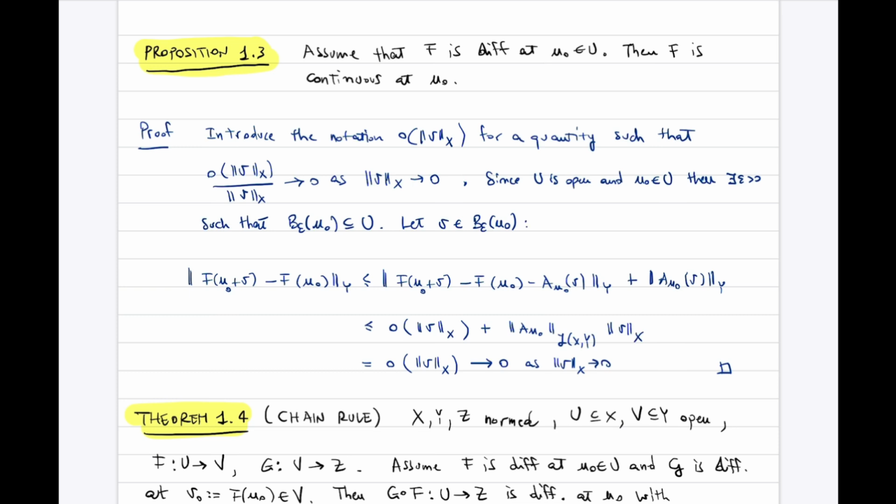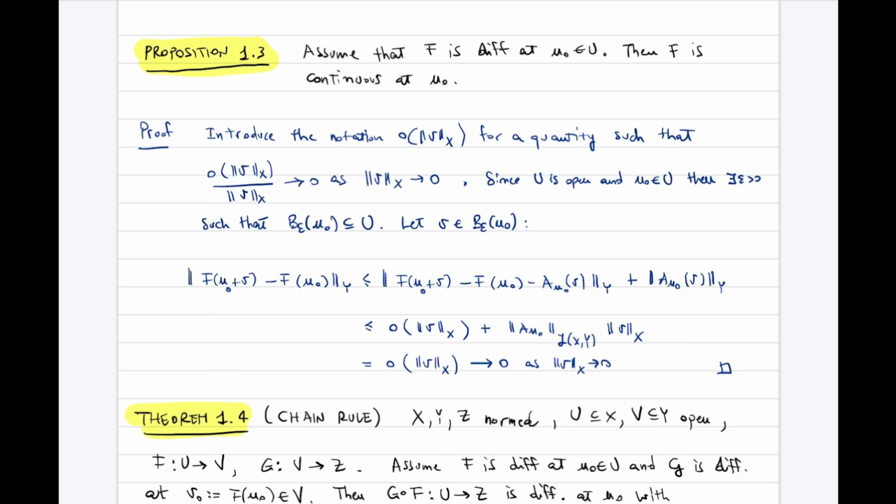Okay. So now, to show continuity, we have to estimate this difference here. Just by triangular inequality, let's add and subtract the differential of f at u0. Then the same differential appears a second time here.